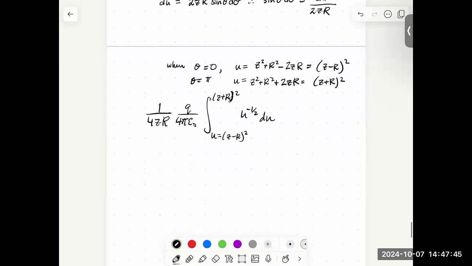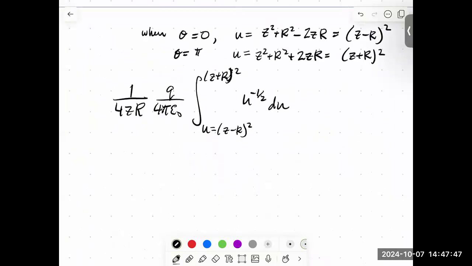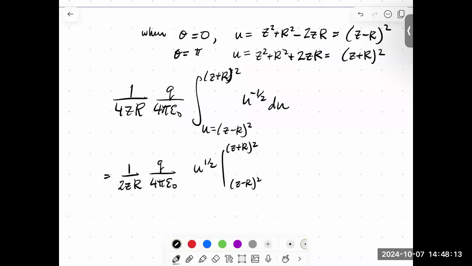All right. And we're almost done, actually. So we integrate: the minus 1/2 power becomes a plus 1/2, so we have to divide by 1/2, which is the same as multiplying by 2. So we're going to get a 1 over 2zr, q over 4 pi epsilon naught, u to the 1/2, evaluated from z minus r squared to z plus r squared.